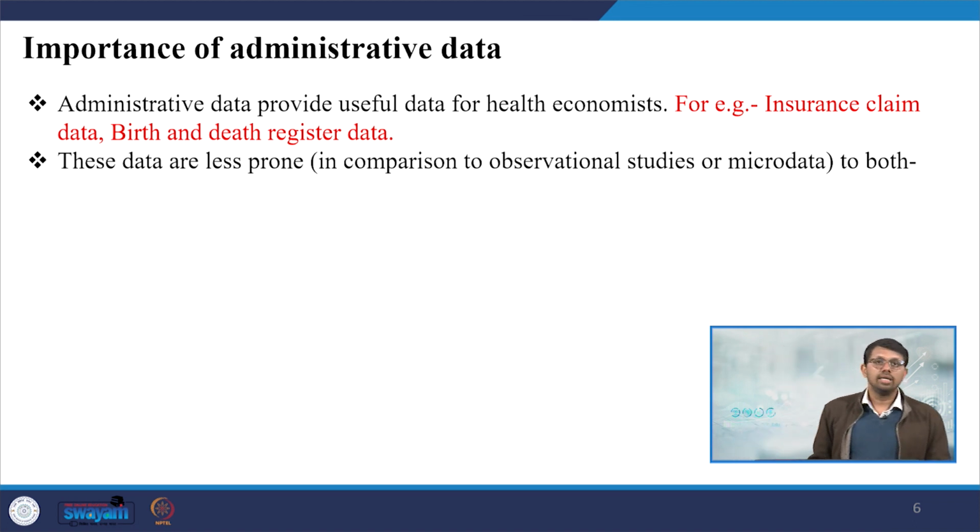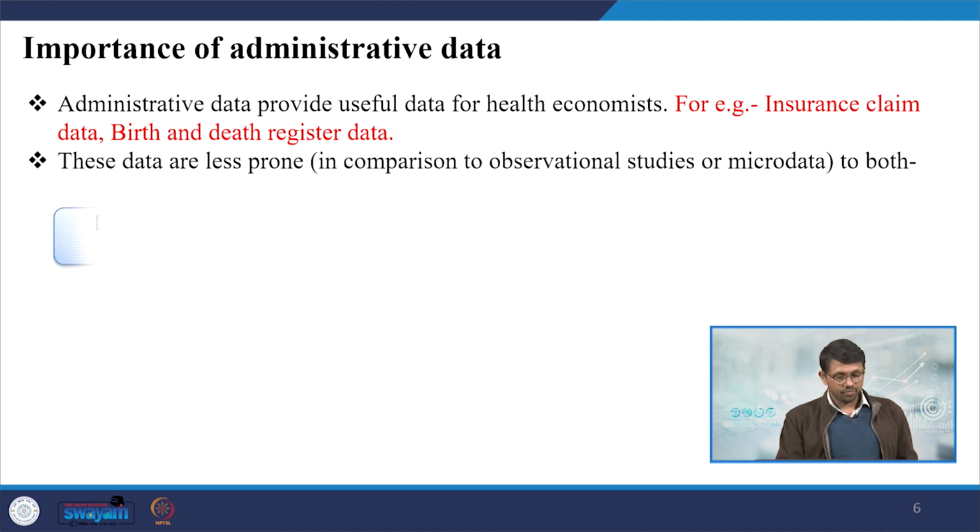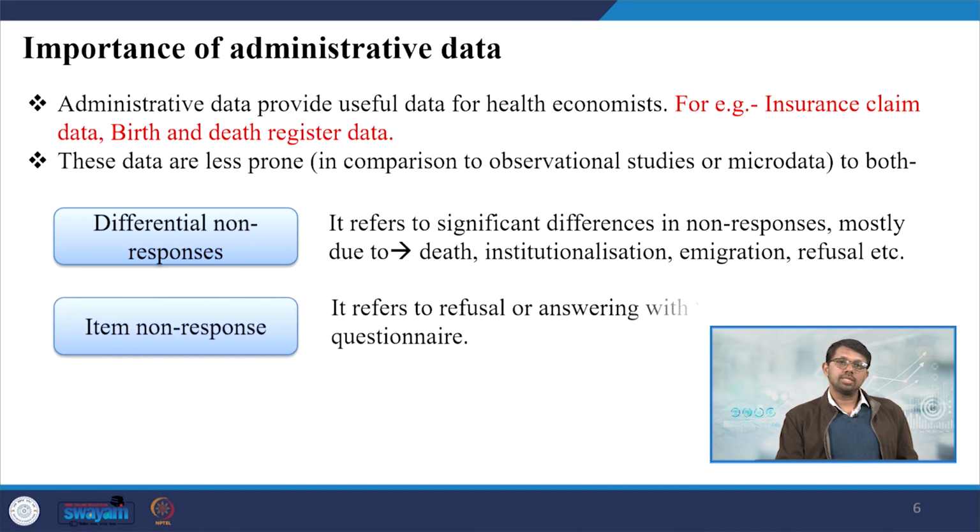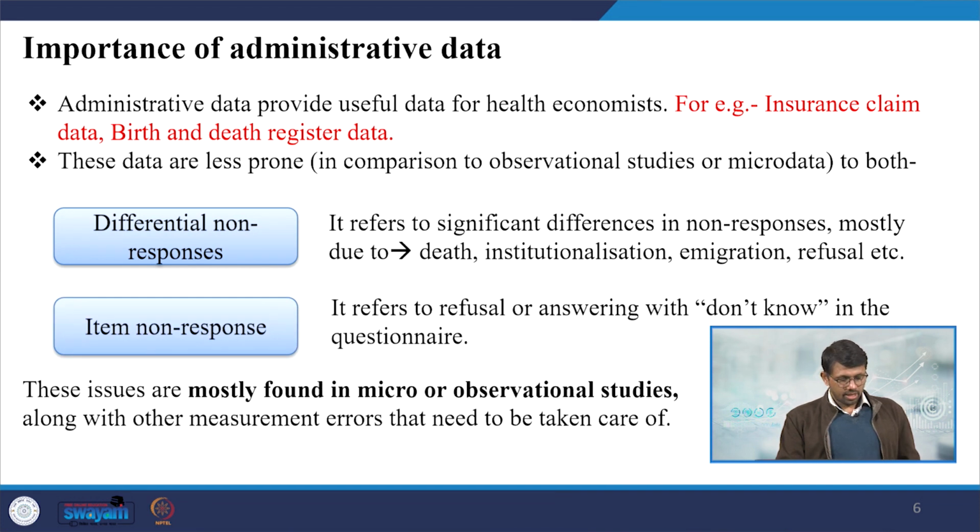These data are less prone, in comparison to observational studies or micro data, to both differential non-response and item non-response. Differential non-response means a significant difference in non-responses, mostly due to death, institutionalization, emigration, refusal, etc. Item non-response refers to refusal or answering with don't know in the questionnaire.